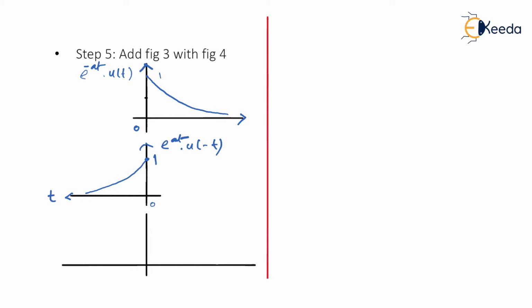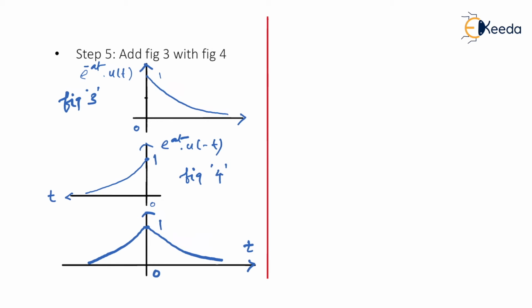Don't forget this was figure 3, this was figure 4, and when you add them up you'll get a negative going curve on both sides like this.